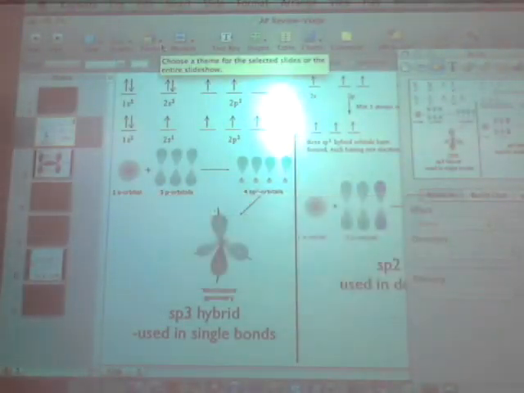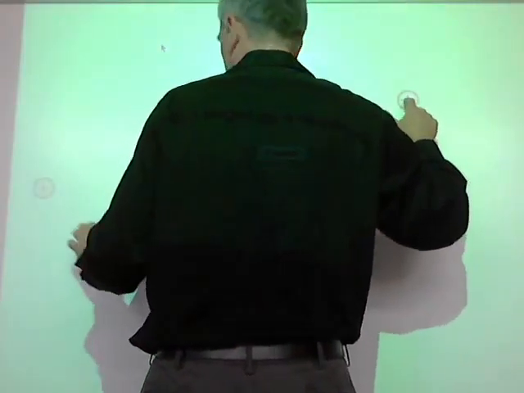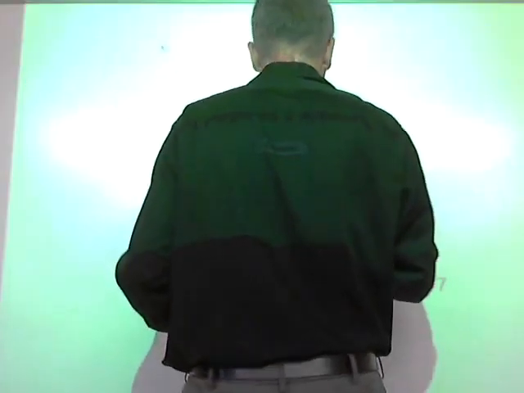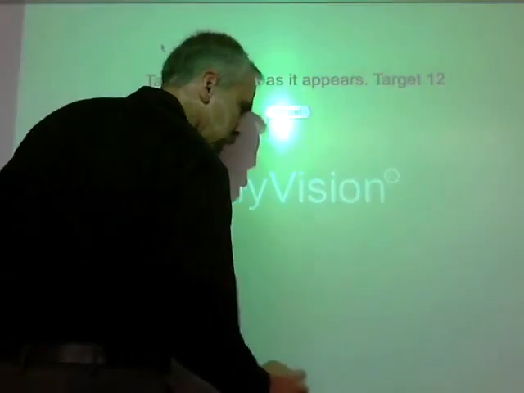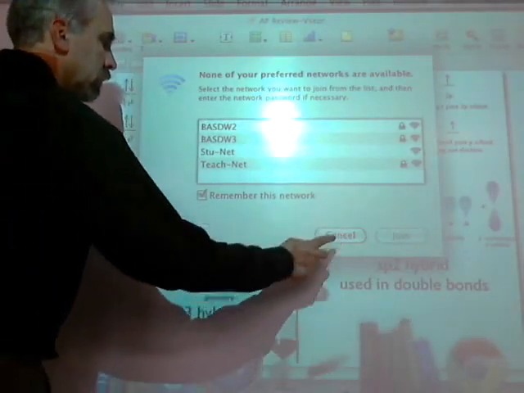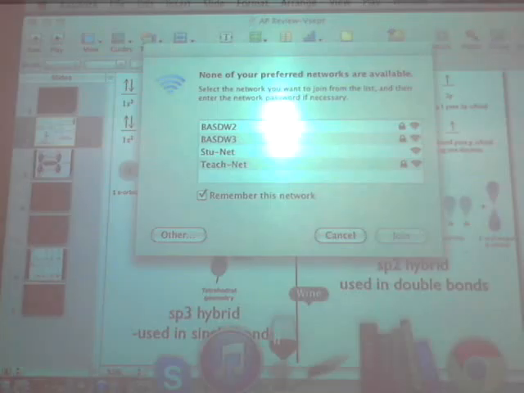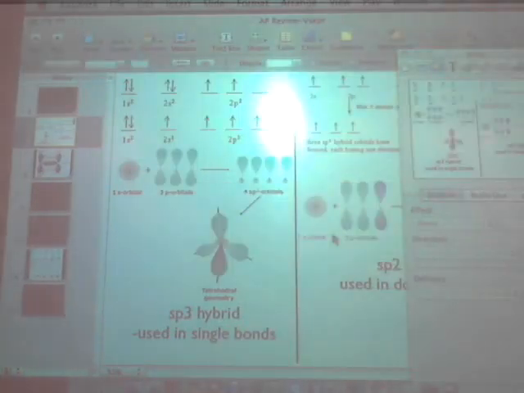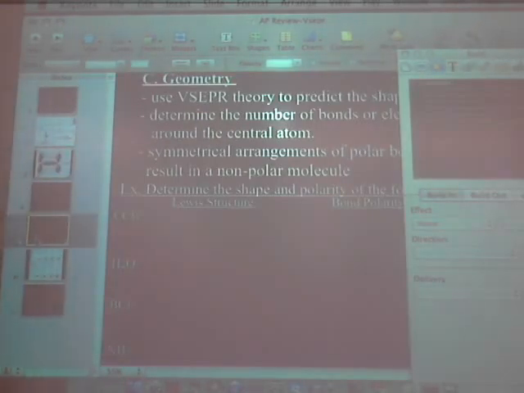Now let's see if I can get this to work here real quick. I think I will. All right, cancel. No. This is not, well, that's okay. I'll just use this in here.